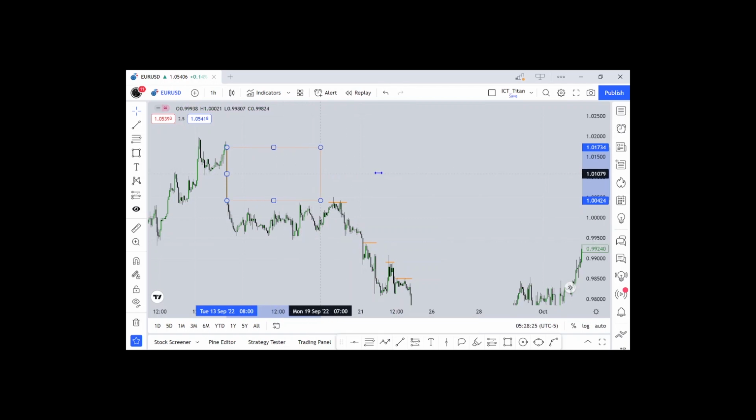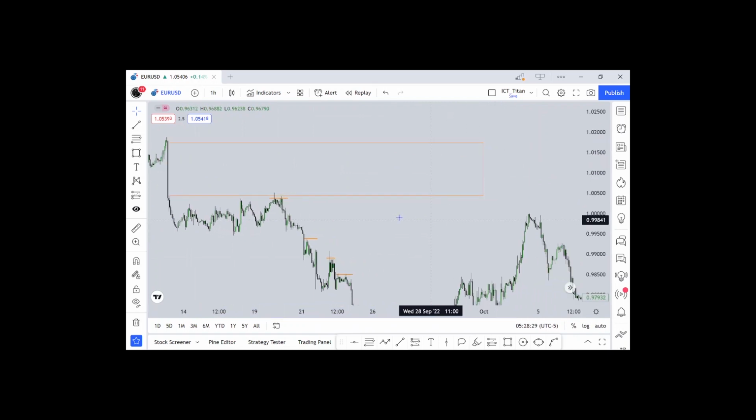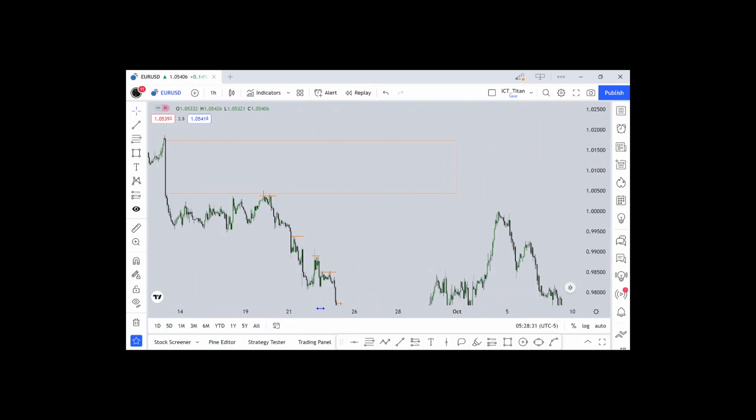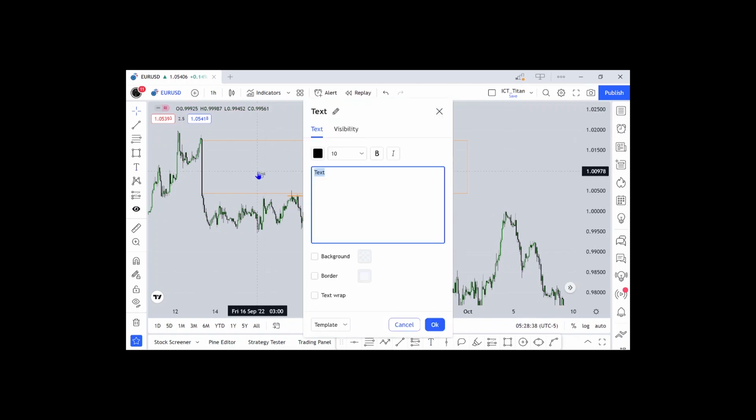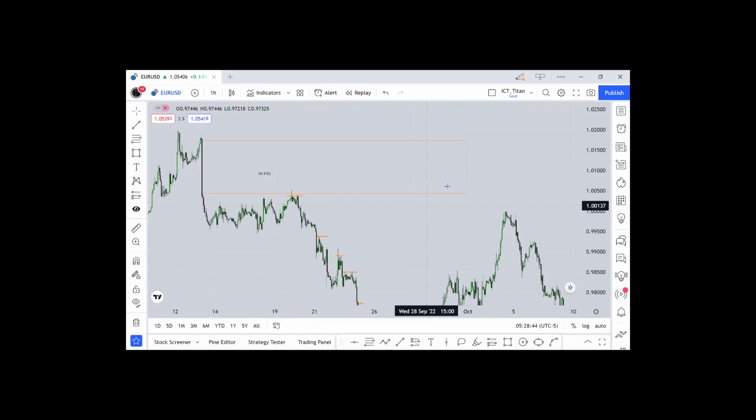So we'll use that to highlight the fair value gap, and keep in mind that it's a 1 hour fair value gap.